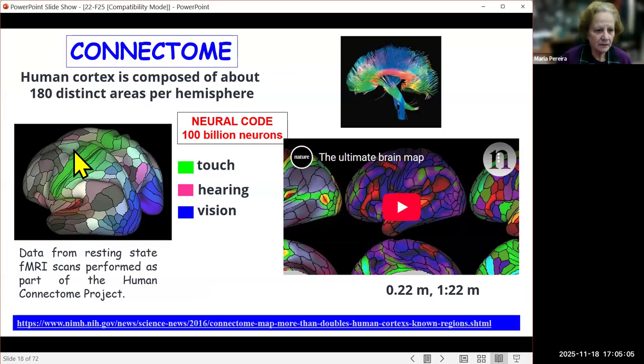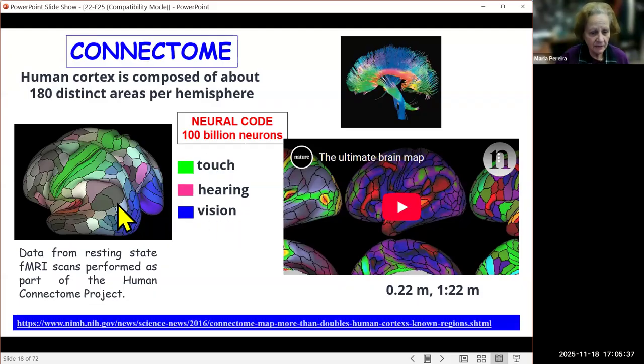So where in the brain is like a map of sensations, right? This is an image, a side view of the brain, and it's broken up into a mosaic. Each area is given a color. Of course, the brain doesn't have this color, right? The pink area is dedicated to hearing. The green area is dedicated to touch.